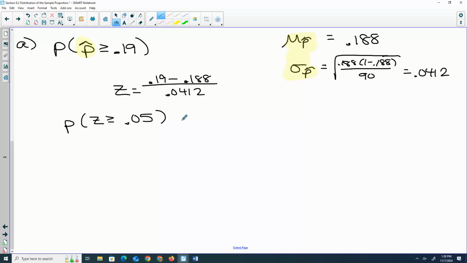We always take that, our table has 2 decimal places. How do we do greater than? So then we go to our table and look up the 0.05.